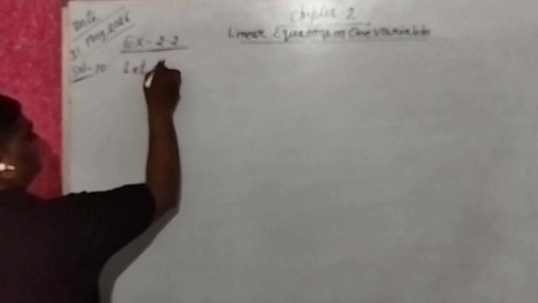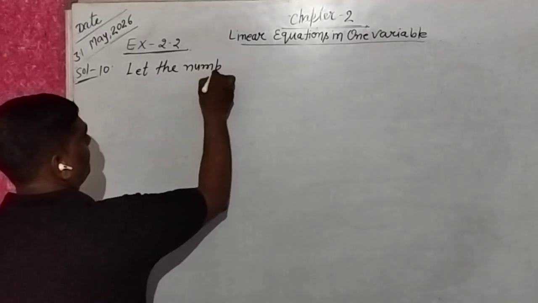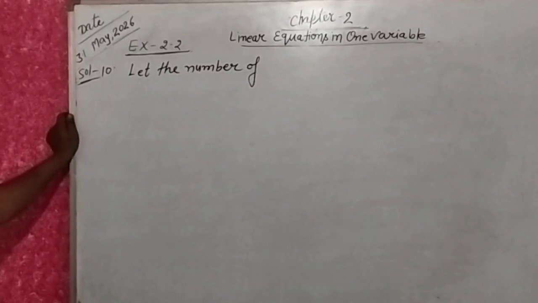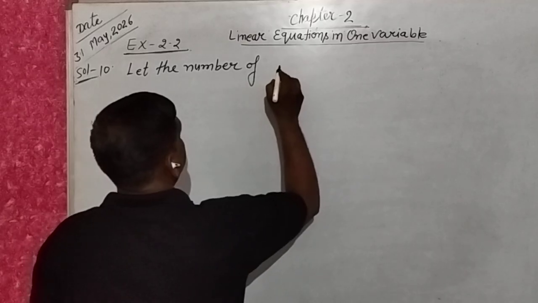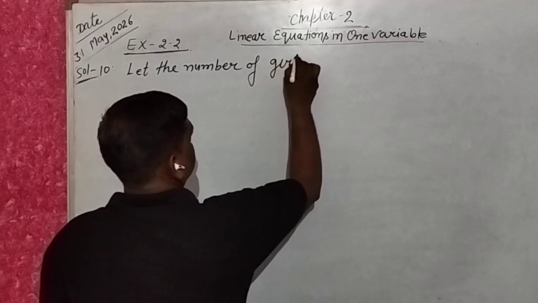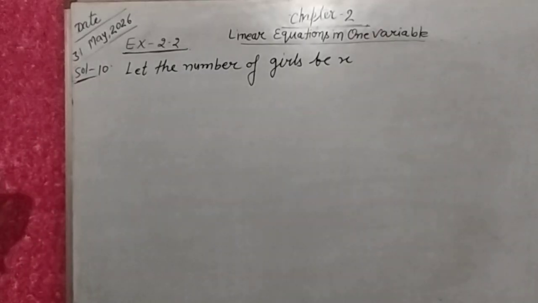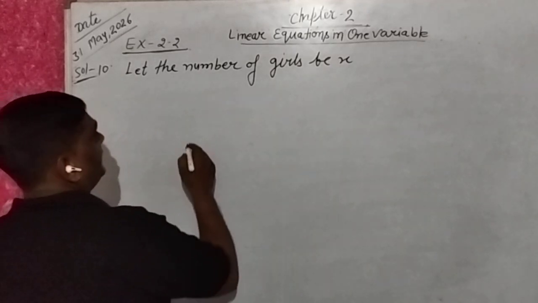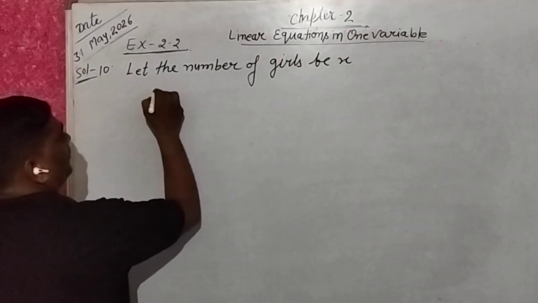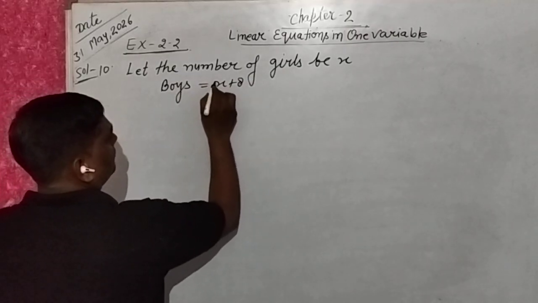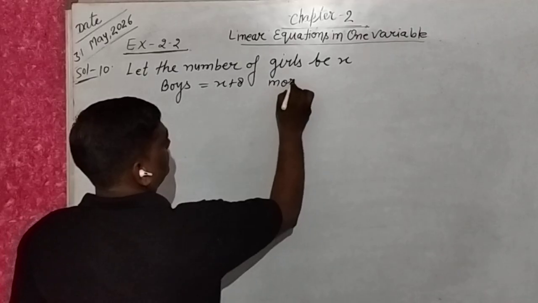Let the number of girls be x. First of all, we let the number of girls be x, and the number of boys x plus 8, because you have been given 8 more than.